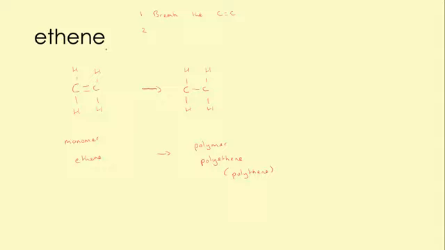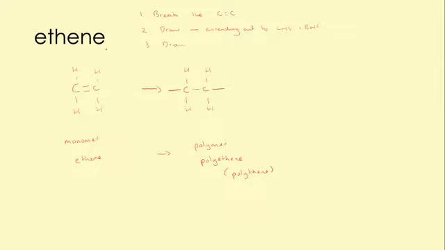Then what you do is draw the covalent bonds extending out to the left-hand side and the right-hand side. So I'm drawing one there and one there.